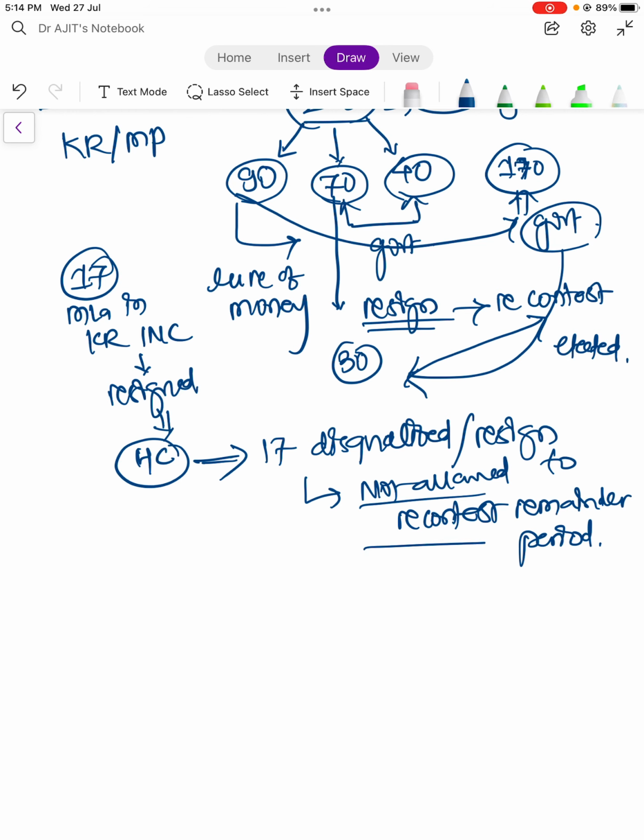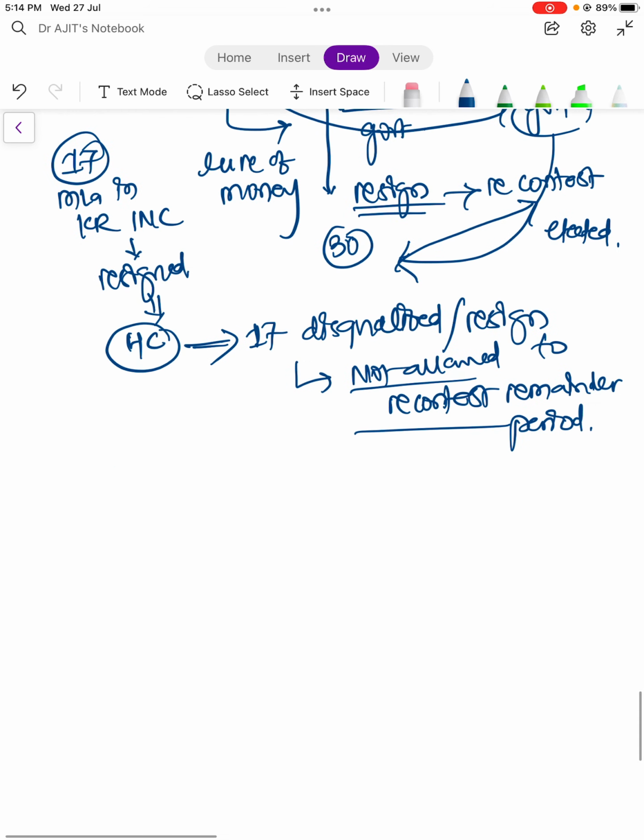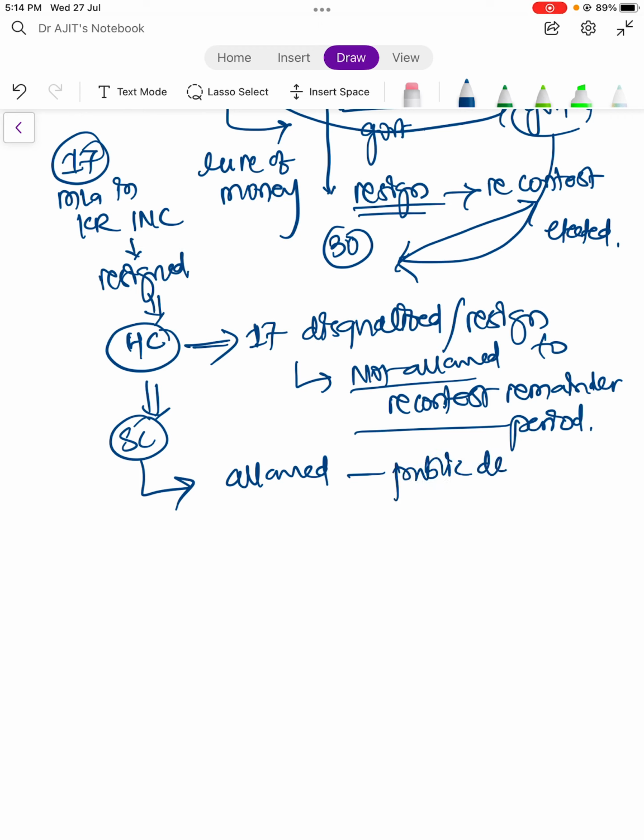But these MLAs again went to the Supreme Court, and the Supreme Court allowed them to contest and said, let the public decide whether they should be elected or not, right? This was the case of Karnataka, right?